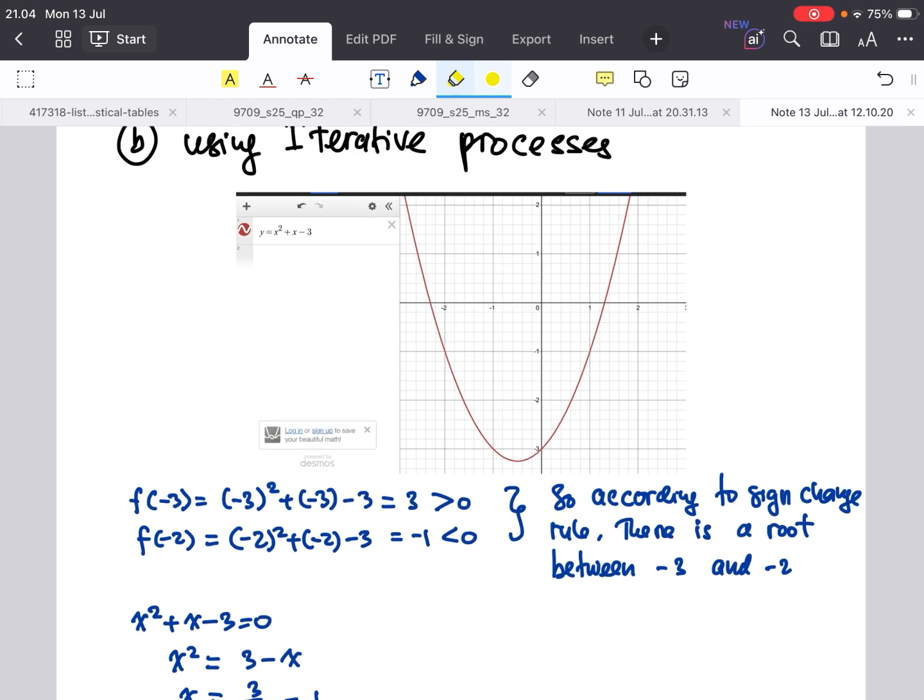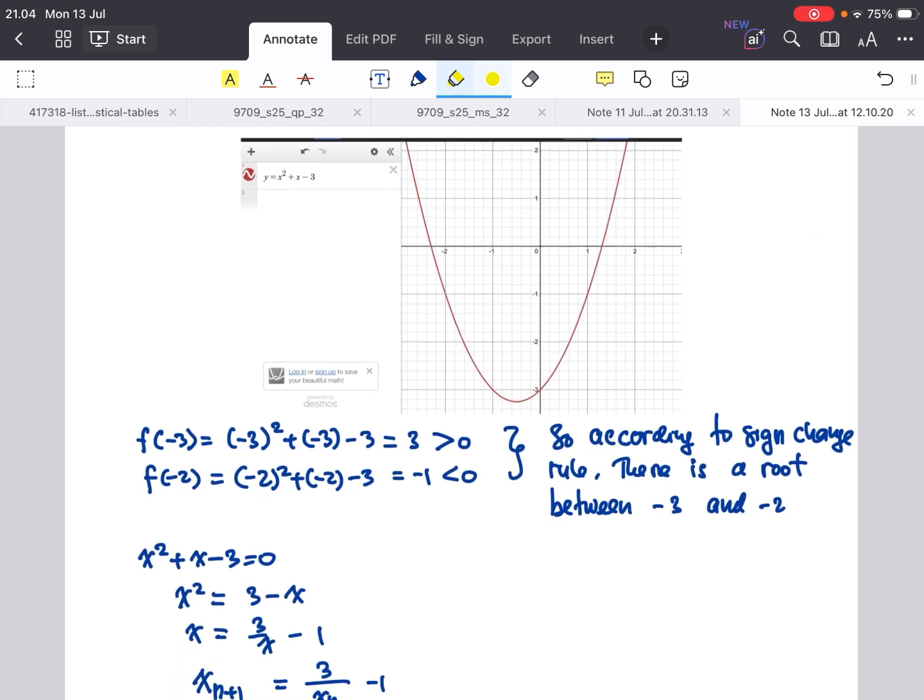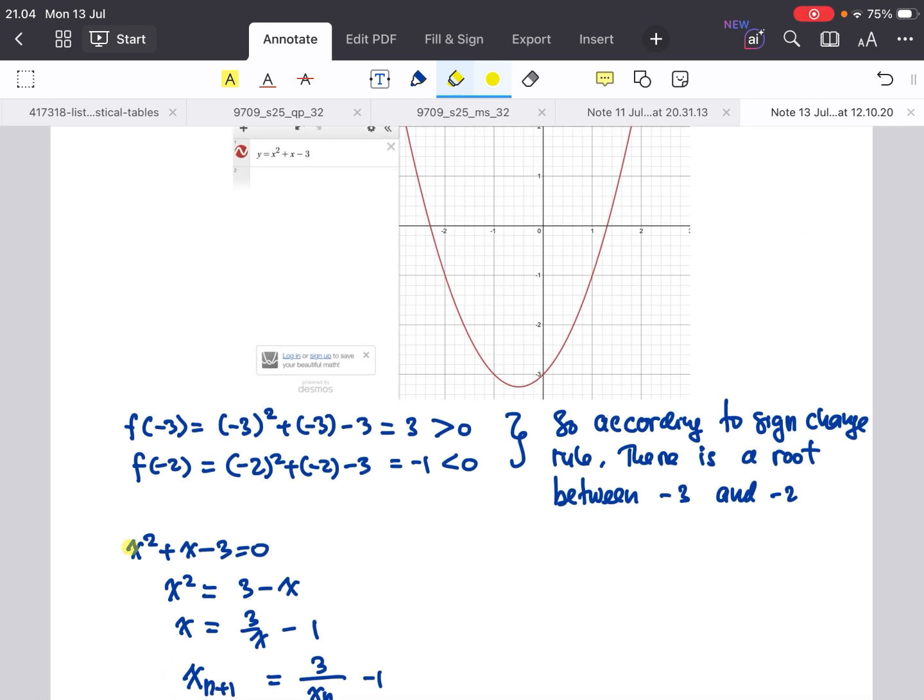Now, we need to rearrange the equation x squared plus x minus 3 equals 0 for this method. First we move x minus 3 to the right, and then we divide both sides by x.